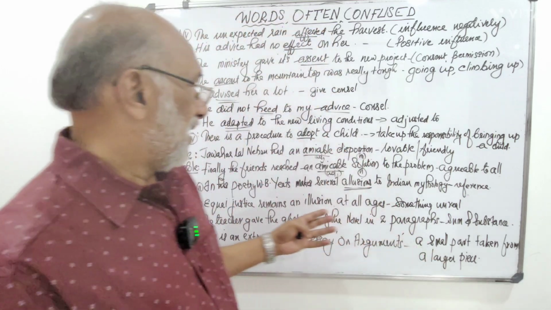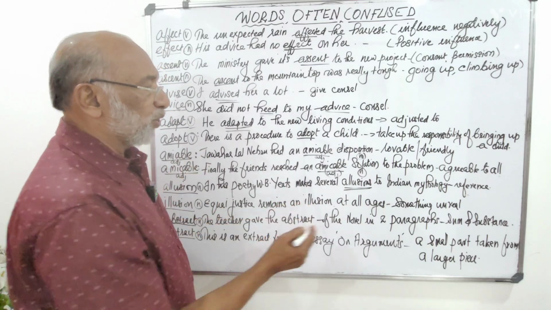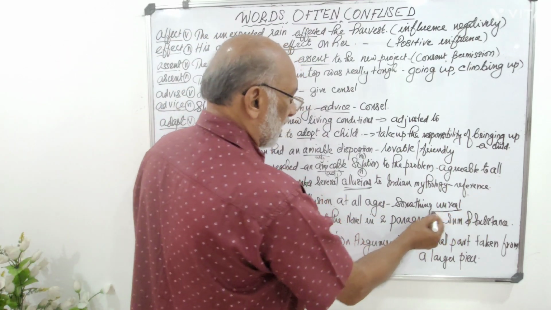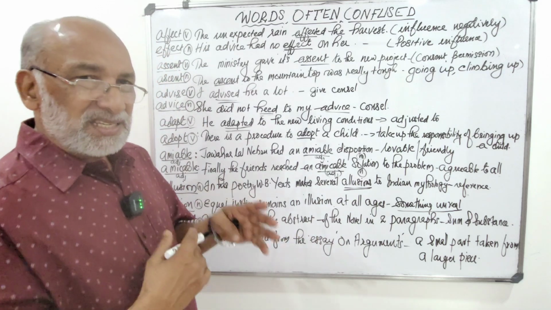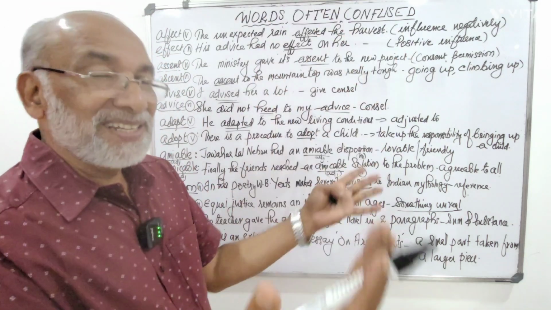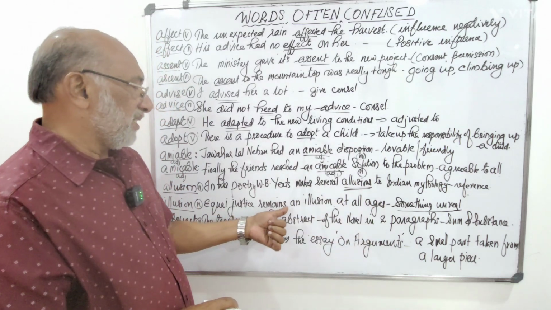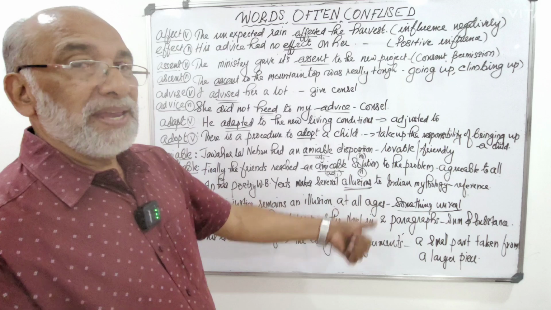Very often, equal justice remains an illusion. That means something unreal, something that is not practiced. It is there in the ideal, but never practiced.